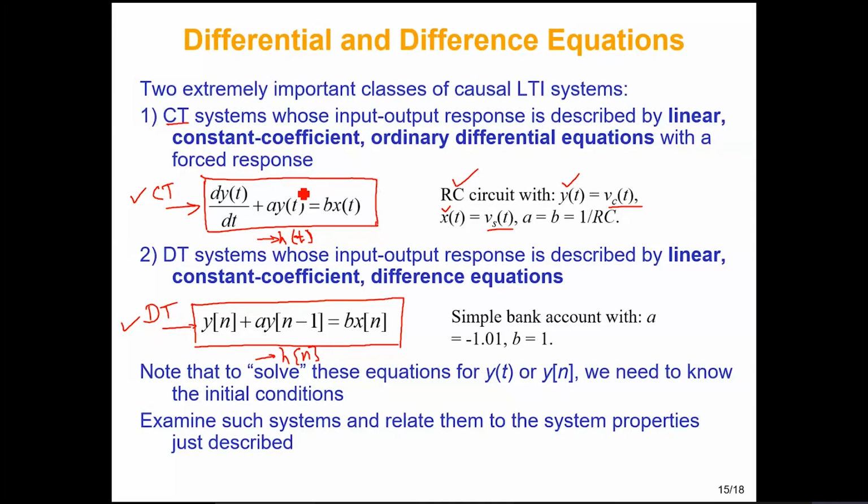Although we could use the equations also to do the same thing. Now, just examining the systems or looking at these equations, we can relate them to system properties. We can just see the equation and see the properties of the system that these equations actually represent.